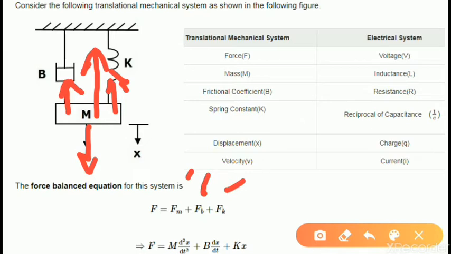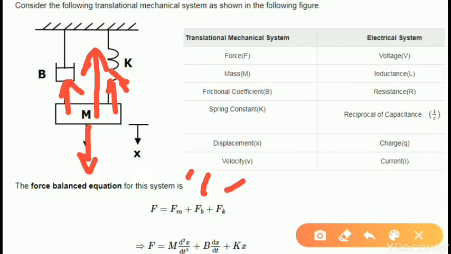This is the second order differential equation, and we can solve this to find out the transfer function of this translational mechanical system. We can use Laplace transform for solving these equations, where d square x upon dt square can be written as s square X(s), dx by dt is written as sX(s), and x is written as X(s).